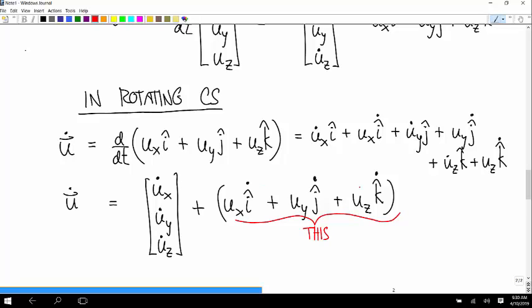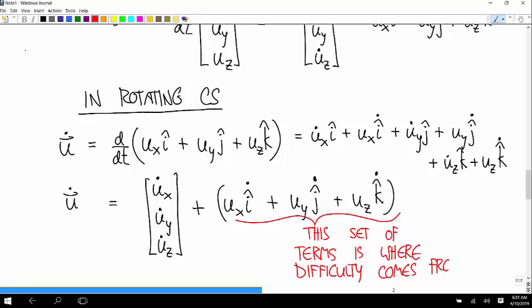And this set of terms is what causes the difficulty. Because what are those things? i dot, j dot, and k dot, like how are we going to represent those in terms of values that we're given in a problem? Okay.